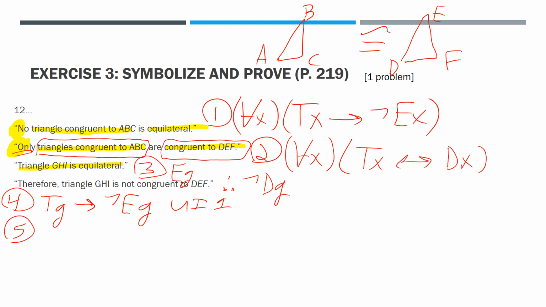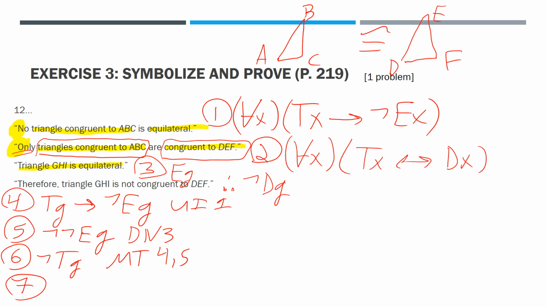For 5, let's do some double negation. We have EG on line 3, so we'll say not not EG by the double negation of line 3. For 6, we can get not TG by modus tollens, lines 4 and 5.